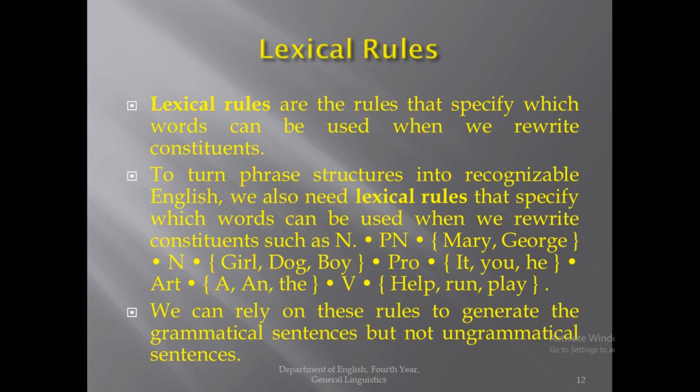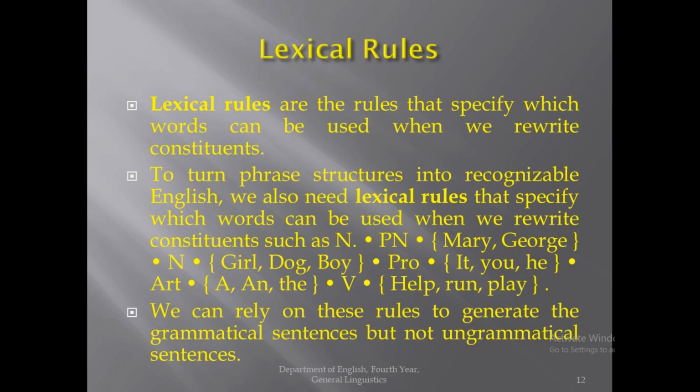So it all depends on a set of rules, which yields an unlimited set of constructions. Now, lexical rules are the rules that specify which words can be used when we rewrite constituents.